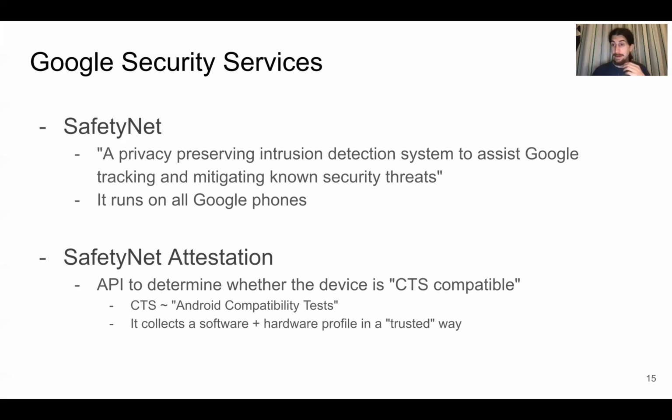Take the banking application scenario: the banking app could call the SafetyNet API to check whether the phone is rooted, or what this specific IMEI of the phone is. You can ask a number of different questions, and of course, if you have control of the banking app, maybe you can modify it a little bit so that you fake that the SafetyNet API returns everything is good, when actually maybe everything was not good.